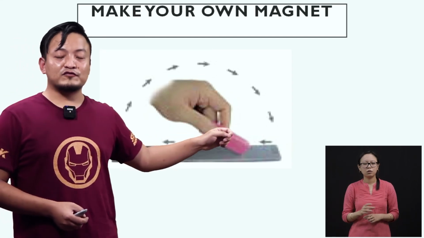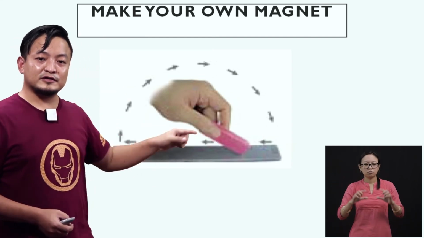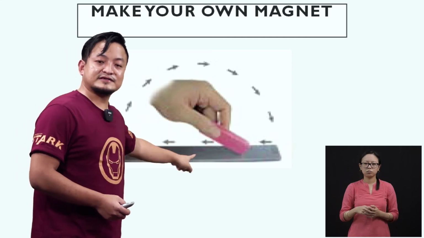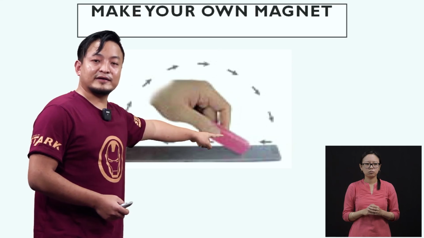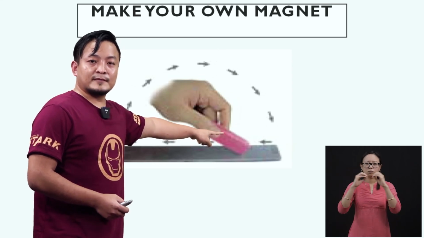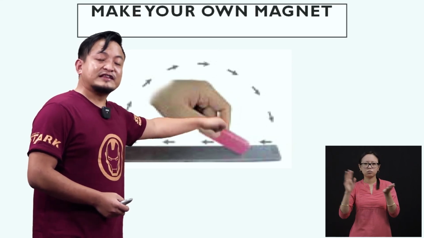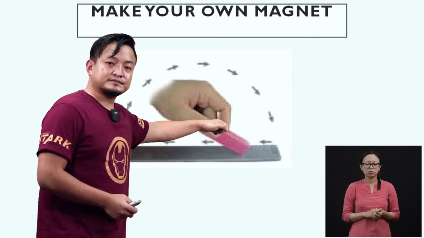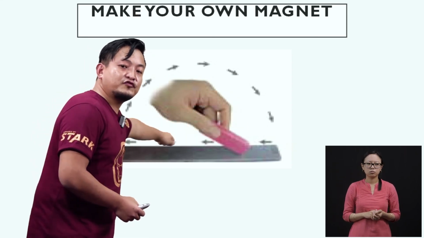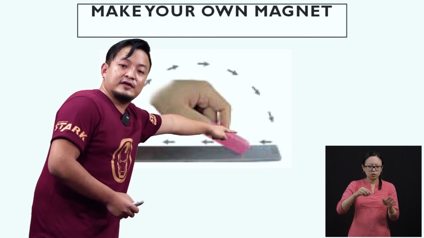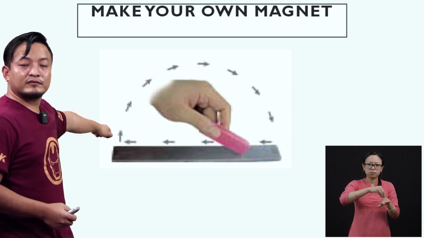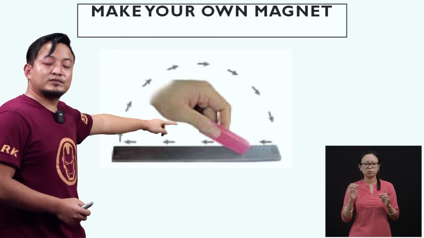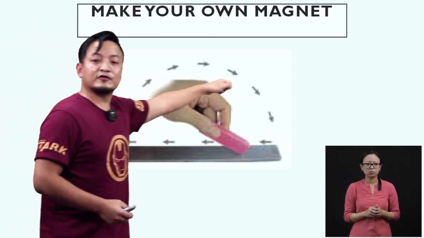This is an iron rectangular bar, and this is a bar magnet. Then, without lifting the bar magnet, you have to move it from the starting point till the end point. When you complete this round, you can leave and start all over again.